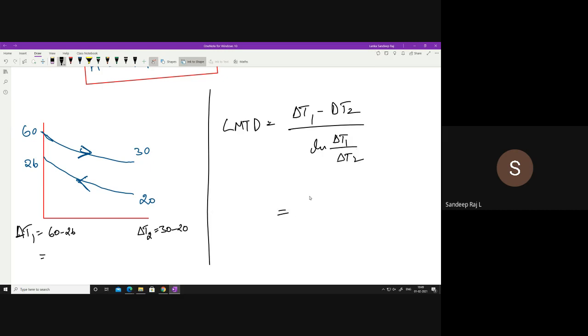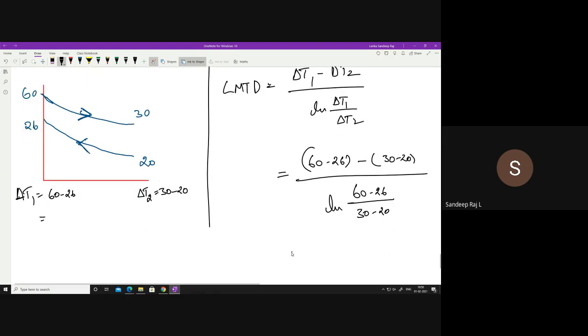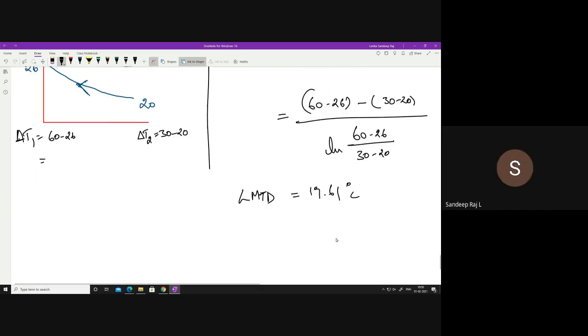So that will be equal to (60 minus 26 minus 30 minus 20) by ln((60 minus 26) by (30 minus 20)). So what is the LMTD value? 19.61 degrees centigrade is your LMTD here.